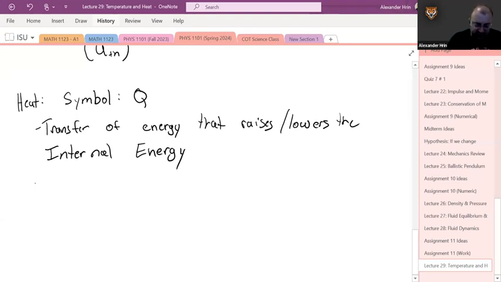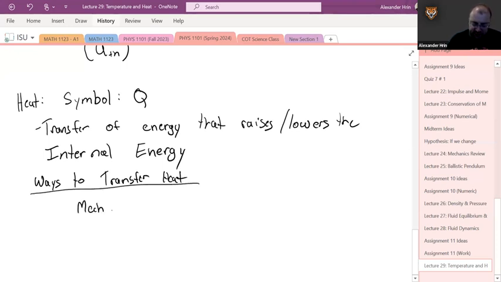Now there are many different ways heat can be transferred. So, ways to transfer heat. The first way, and one we've talked about, is we can have mechanical energy go to heat. And when mechanical energy gets turned into heat, that heat will flow into a variety of systems. Sometimes it's a system under consideration, but a lot of times it will leave that system and flow into the surroundings.